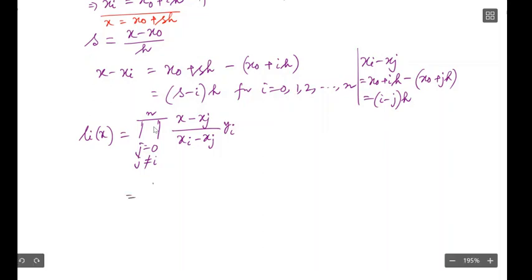So it can be written as product j equals 0 to n, j not equal to i, of (s minus j) times h by (i minus j) times h, times yi.